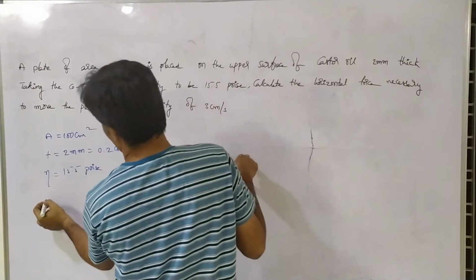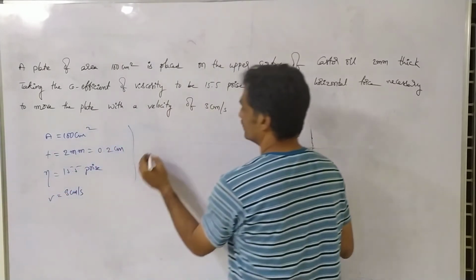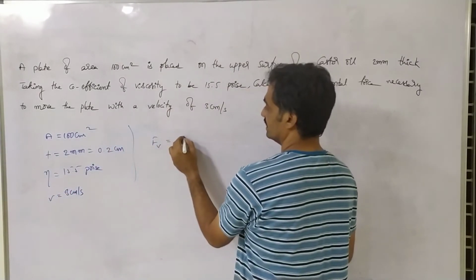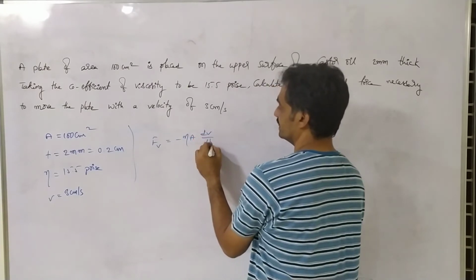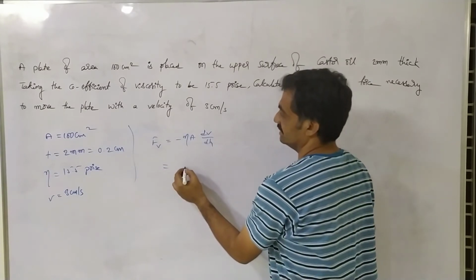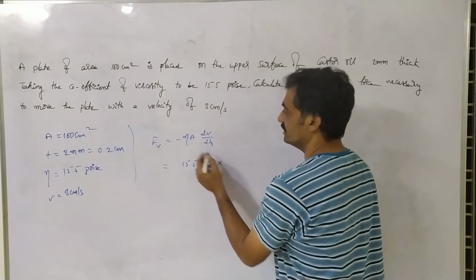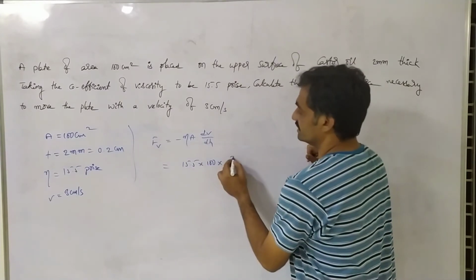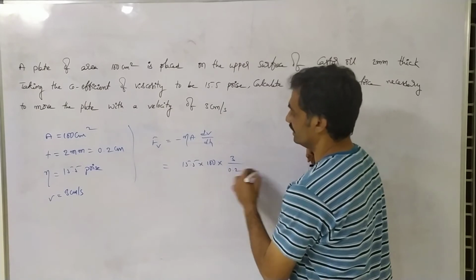Now here, velocity is given as 3 centimeter per second, where we know that the viscous force is given as minus eta A into dV by dH, where the coefficient of viscosity is 15.5 into area 100 into velocity 3 centimeter per second and thickness 0.2.